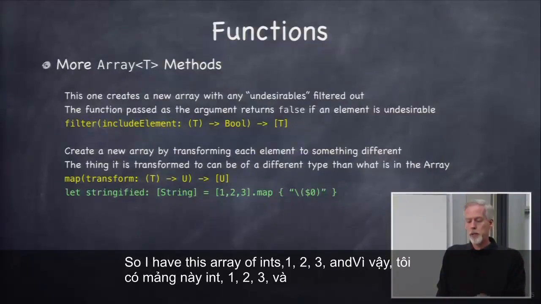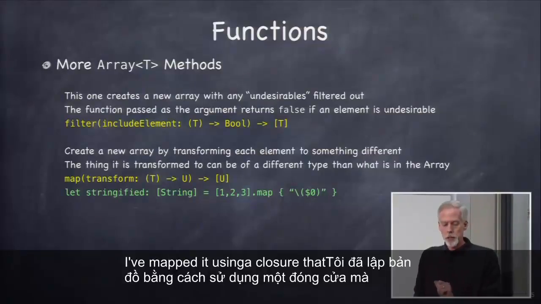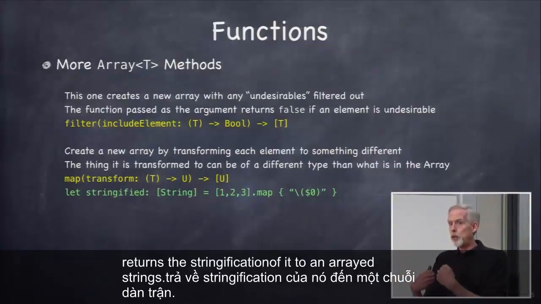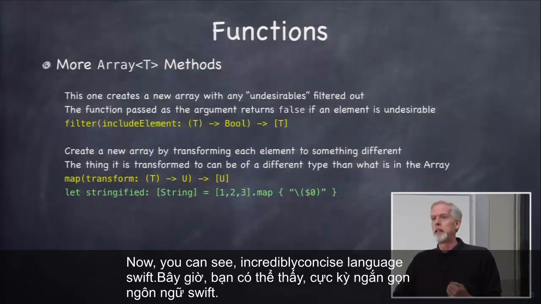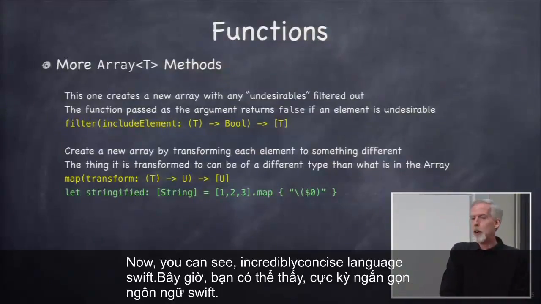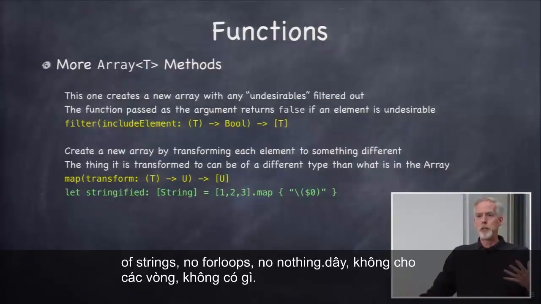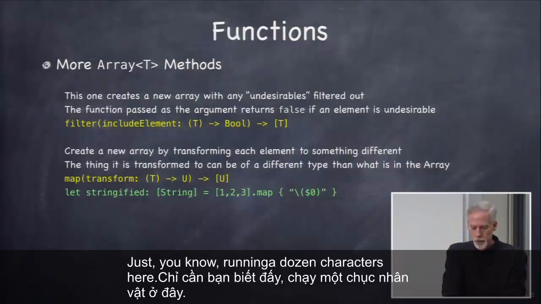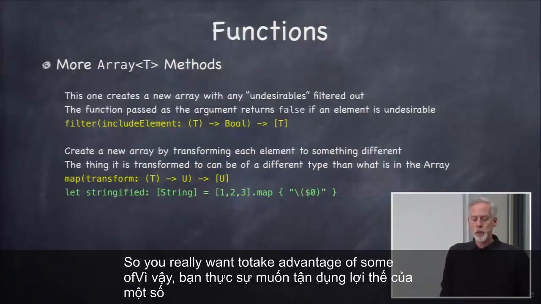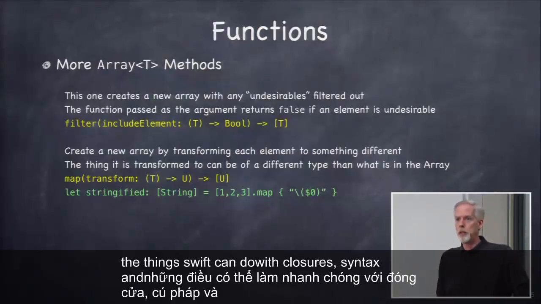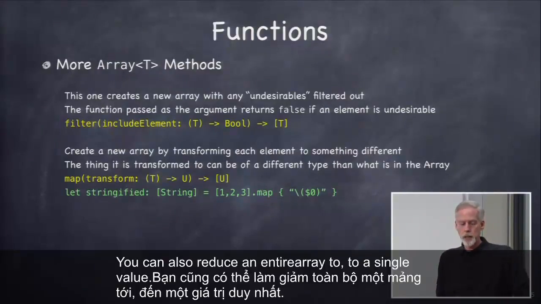So I have this array of ints, 1, 2, 3, and I've mapped it using a closure that returns the stringification of it to an array of strings. Now you can see, incredibly concise language, Swift. I mean, to take an array of ints and turn it into an array of strings, no for loops, no nothing, just, I don't know, a dozen characters here. So you really want to take advantage of some of the things Swift can do with closures, syntax, and things like that.